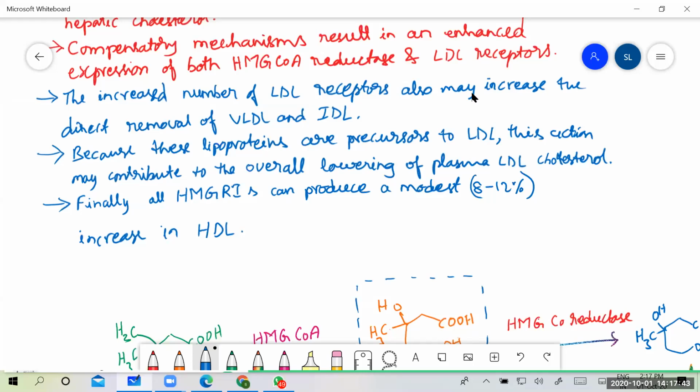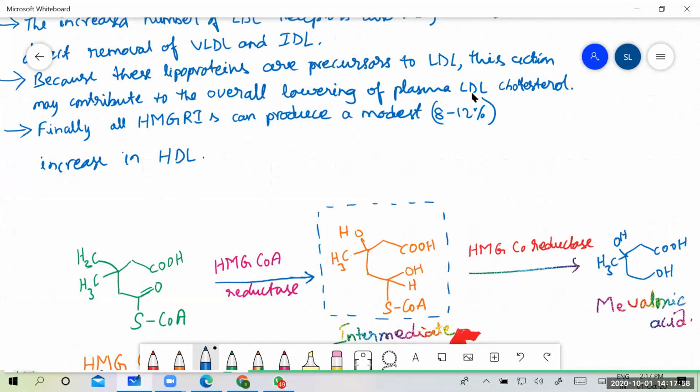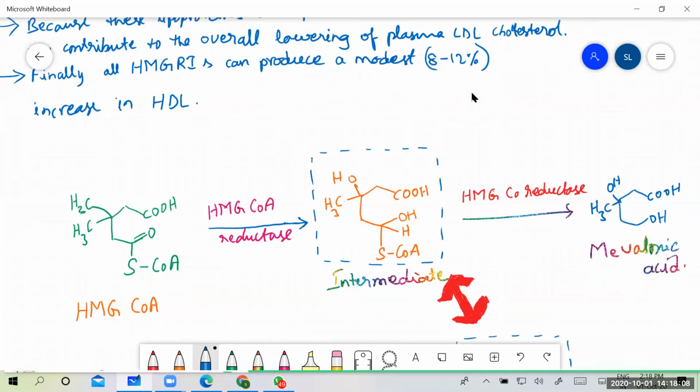Because these lipoproteins are precursors to LDL, this action may contribute to the overall lowering of plasma LDL cholesterol. Finally, all the HMG-CoA reductase inhibitors can produce a modest 8 to 12% increase in HDLs. HDLs are highly desirable lipoproteins.